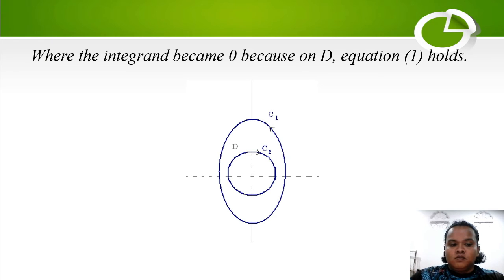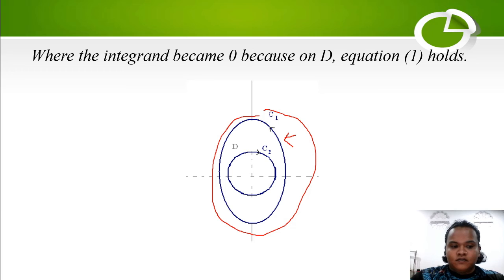Now C prime is the compound of the two curves. C1, the outside curve, our ellipse on the outside going counterclockwise. We will see the arrow goes counterclockwise, and C2, the circle in the inside going clockwise.